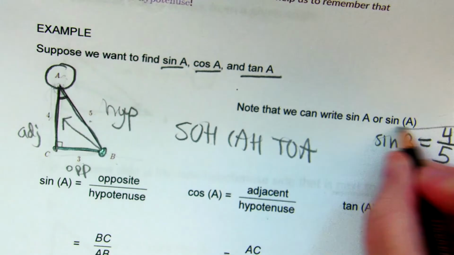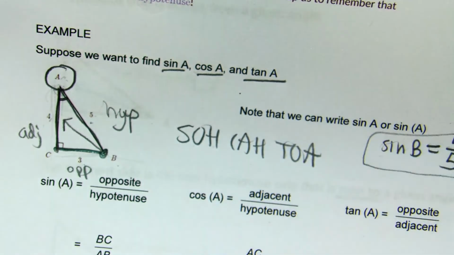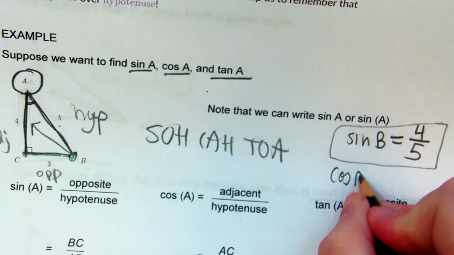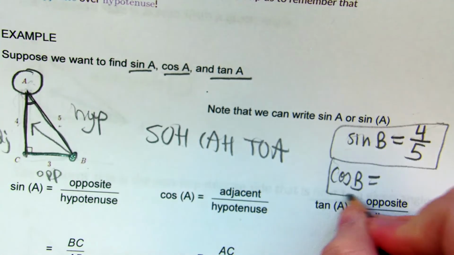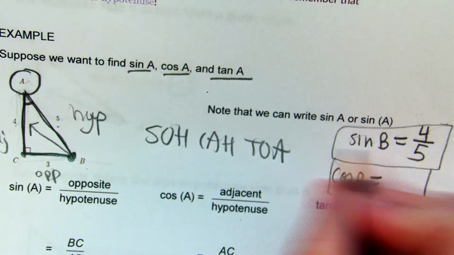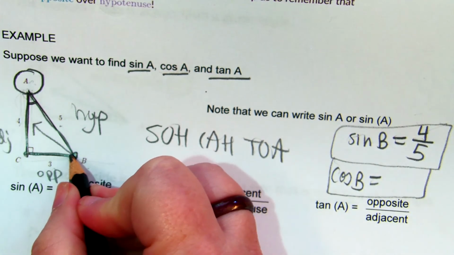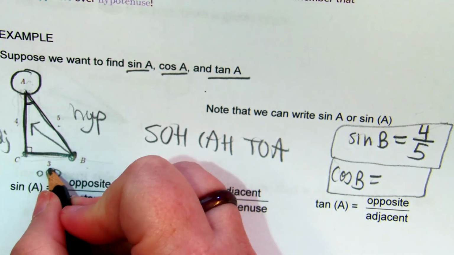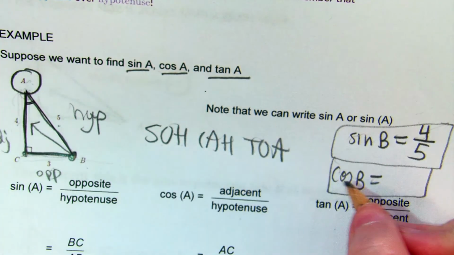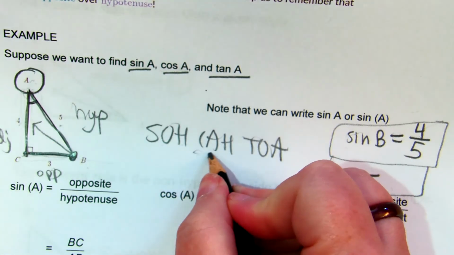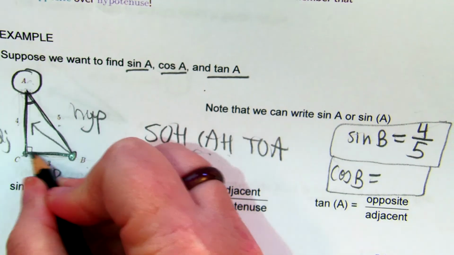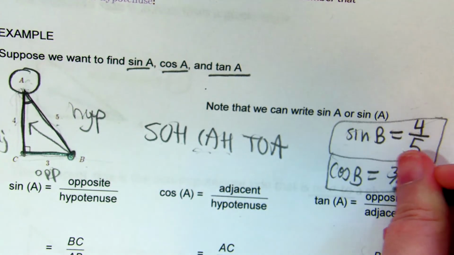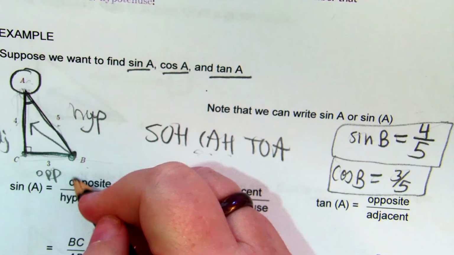So sine of B is 4 over 5. How about cosine of B? You always have to ask yourself which angle we're talking about. What's next to B besides the hypotenuse? 3. And it's cosine, so it's adjacent over hypotenuse, 3 over 5. And the longest side is always the hypotenuse.